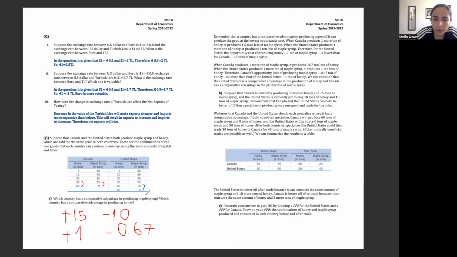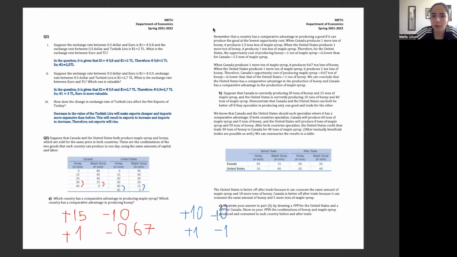For 10 more units of maple syrup, it needs to give up 10 units of honey. So for 1 unit of maple syrup, it needs to give up 1 unit of honey.